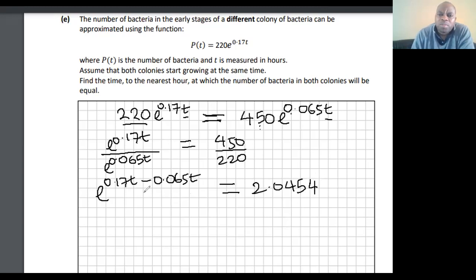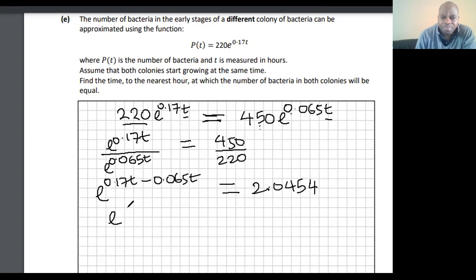Okay, now so 2.04545. So pick your calculator and deduct and do this. 0.17 minus 0.065.